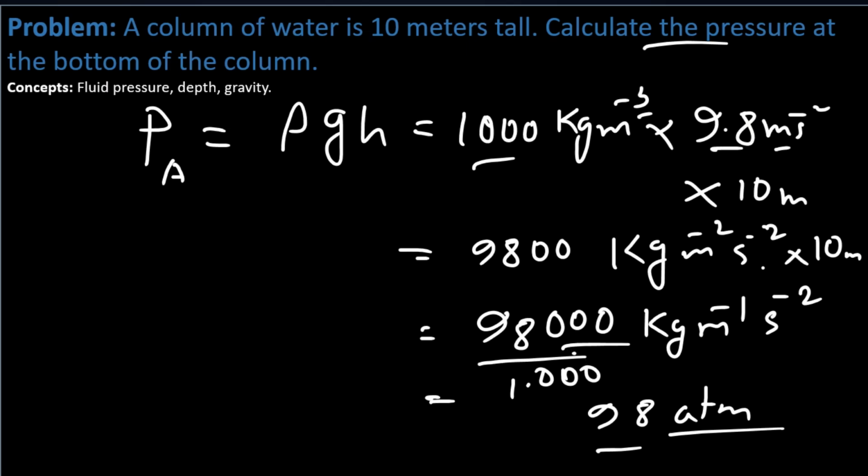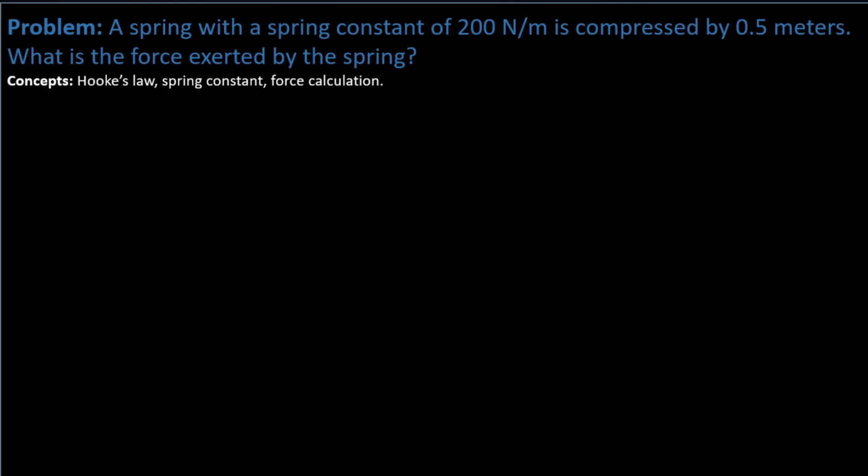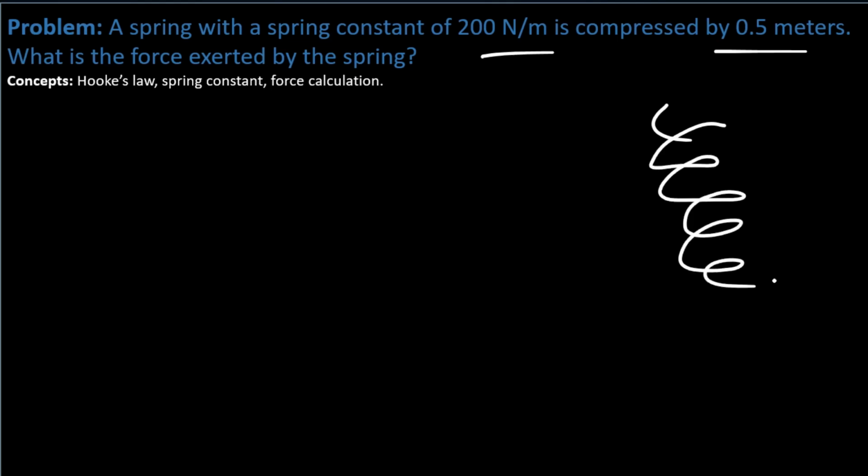So another problem is here. A spring with a spring constant of 200 Newton per meter is compressed by 0.5 meters. So it's a spring, and when we compress it, it's 0.5 meter. So we need to calculate.